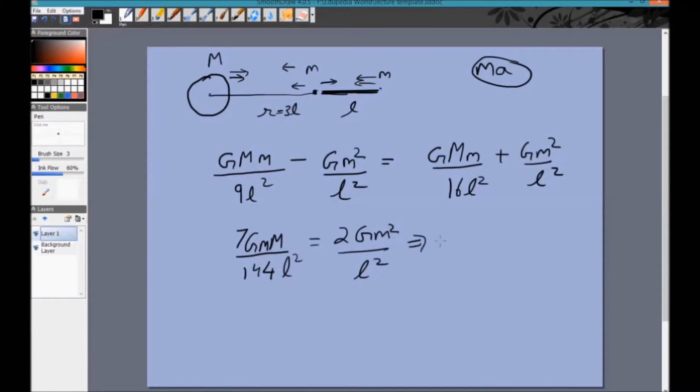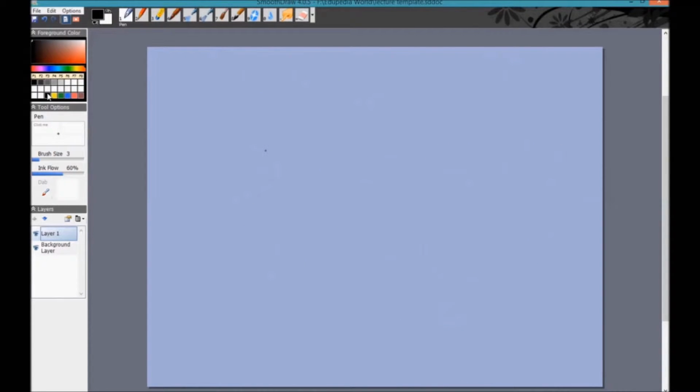And from this, if you cancel other things out, m is equal to 7 by 288 capital M. But we are given in the question that m is equal to k times M by 288. So our answer to this question is k is equal to 7. So let's look at the next question.